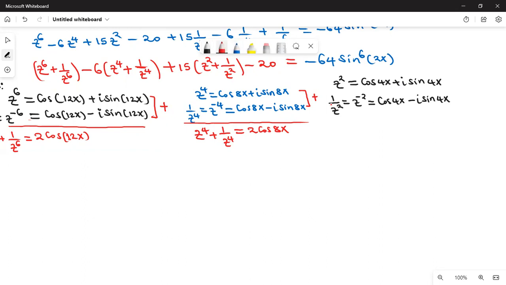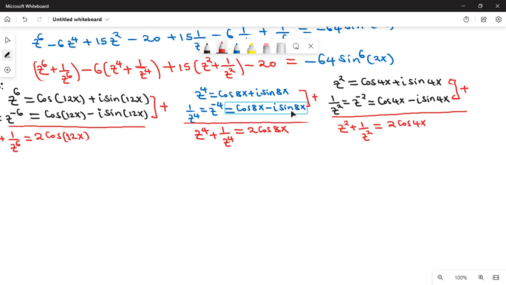So again, we are going to add these two, and we get z squared plus 1 over z squared is equal to twice cos 4x.